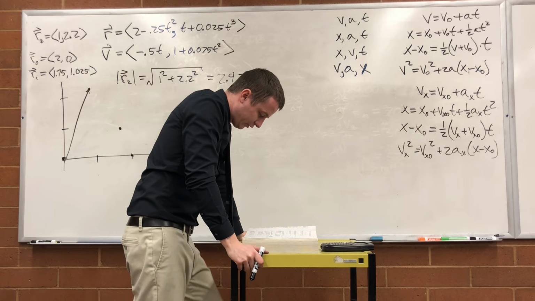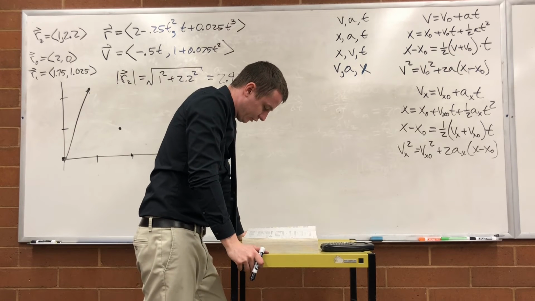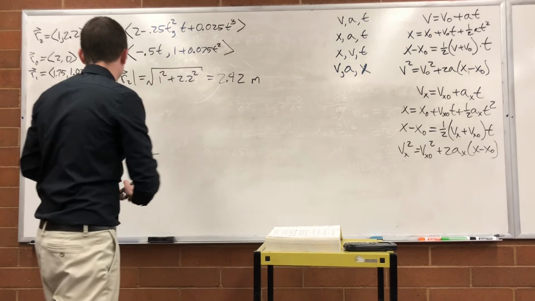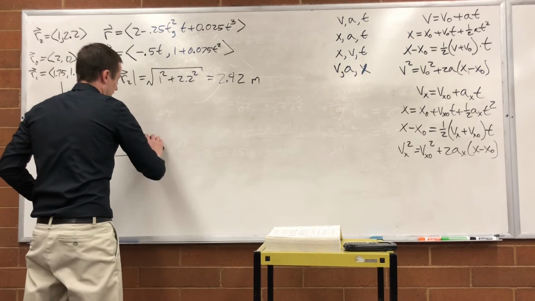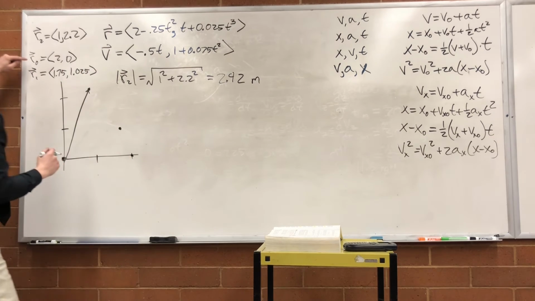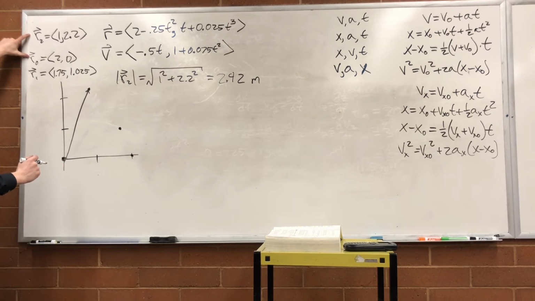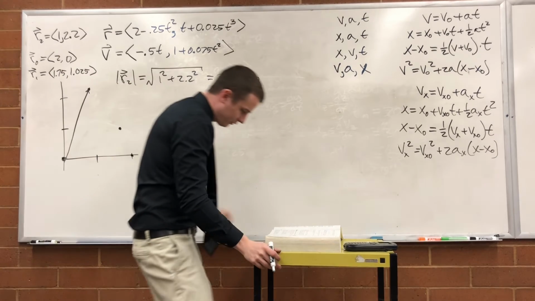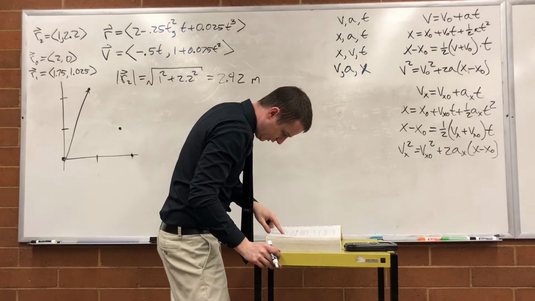B, find the rover's displacement and average velocity vectors over the interval t equals 0 and t equals 2. So we already have r at 0, we already have r at 2. I'm looking for its displacement. Sorry, let me read that one more time.